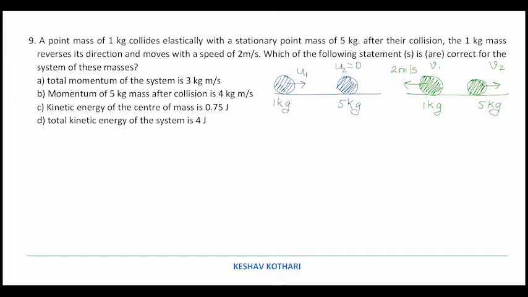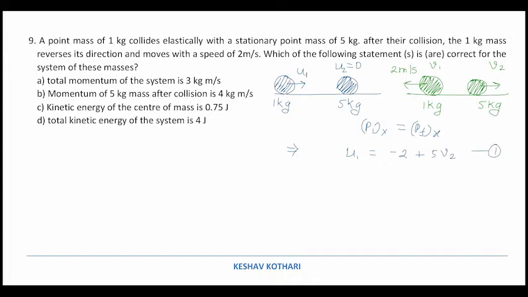The first thing which we can apply over here is momentum conservation along the x-axis direction. Initial momentum will be u1 into 1, which is equal to minus 2 kg meter per second along the negative x-axis direction plus 5 v2 along the positive x-axis direction. So this is my first equation.